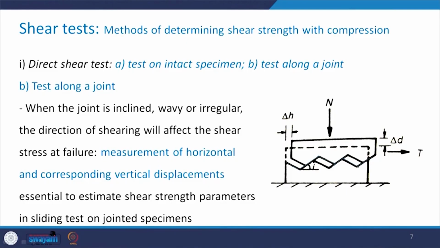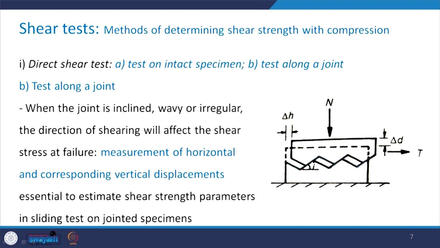In this case you see that it is a wavy kind of joint surface. That means the joint surface has teeth. So, in that case it is important for us to measure the horizontal and the corresponding vertical displacement.